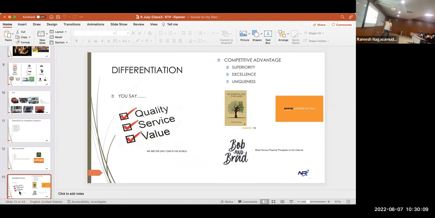So how many copies do you think people are buying? 100, 200? And so Amazon is able to do that. That's a unique differentiator. That's a great differentiator nobody can offer. So that is what it is. Bob and Brad is some guy that I virtually follow quite regularly.